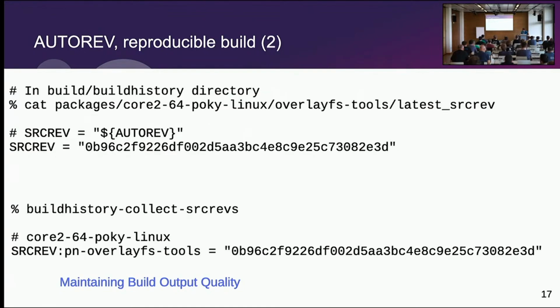But at least what you get, in the build directory, is a directory called buildhistory with the information about all the packages built. Here I built my OverlayFS tools package setting AUTOREV, and it generated the file called latest_srcrev. So basically it just stored my source revision, which it found during the parsing and used during the build.